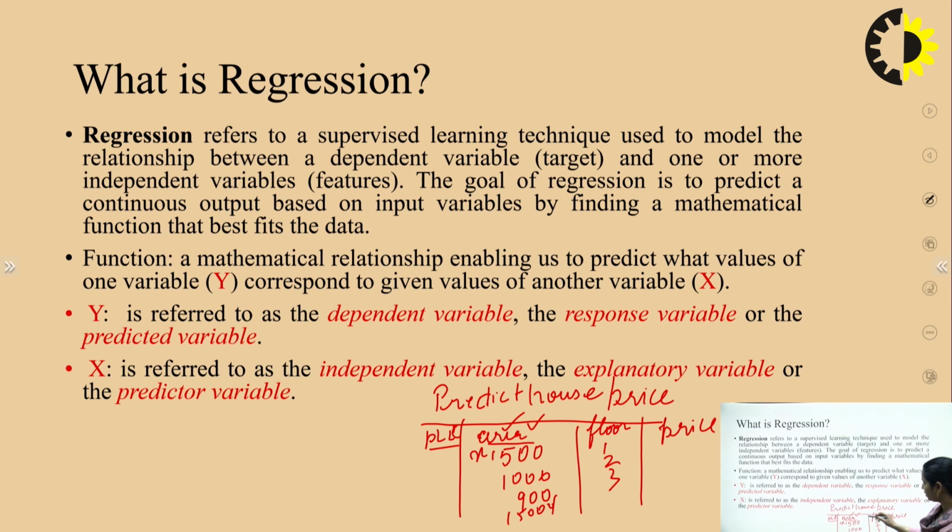Area is independent, floor selection is independent, PLC is independent, but the price of the house is dependent on these particular parameters. So if the price is dependent on these particular parameters, now what is the task? The task is we have to predict the price. When we are talking about predicting the price, then we are saying that we have to apply regression.